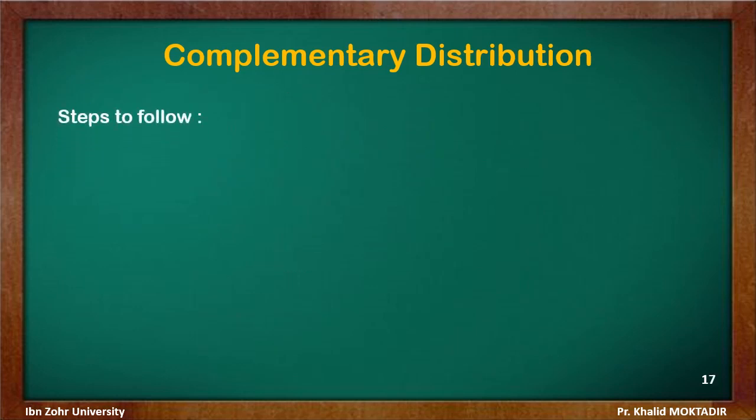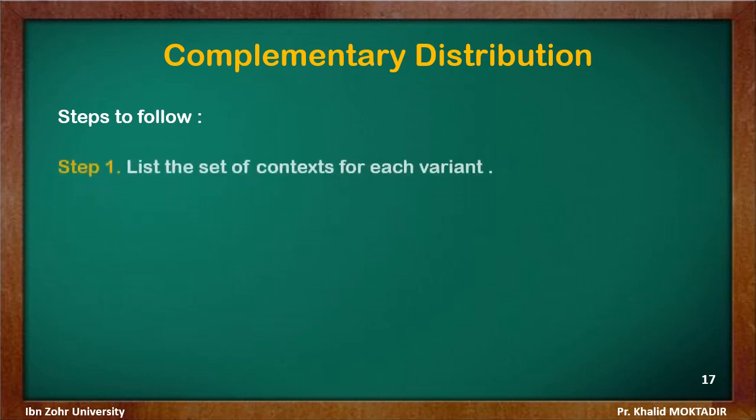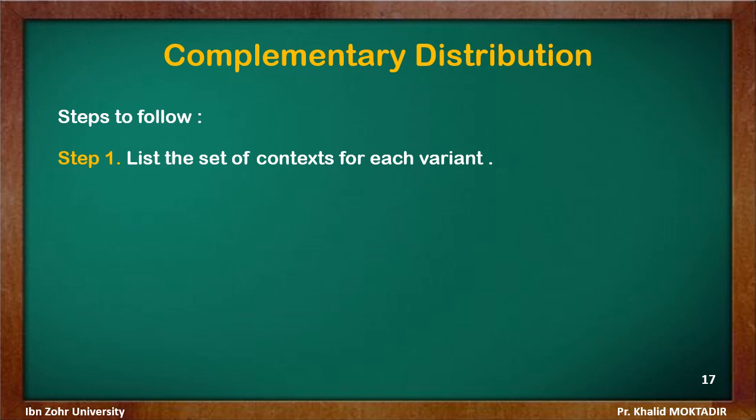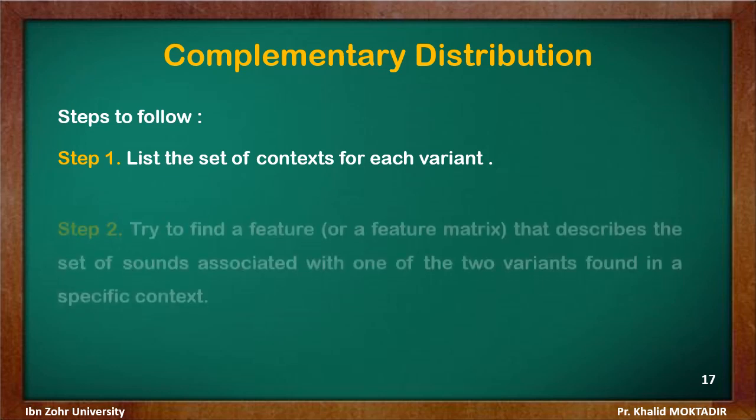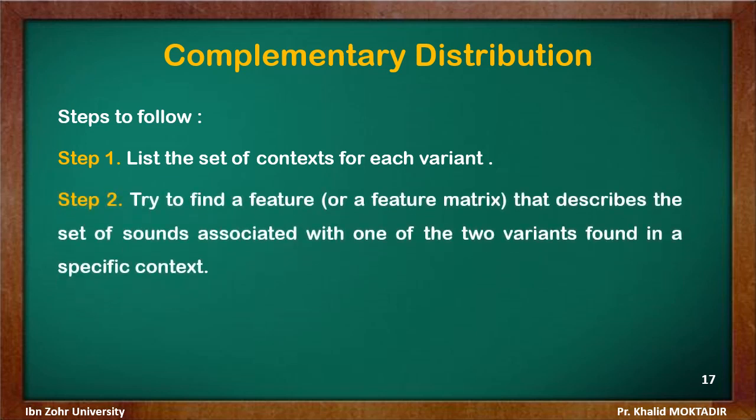Okay, here you have the steps to follow that we have somehow already seen. The first thing you have to do is to list the set of contexts for each variant, and one of the best ways to do it is to draw a chart and specify the context for each variant. The next step is to try to find what feature these contexts have in common. What is it that they share?